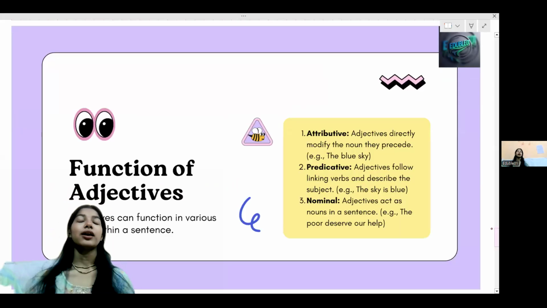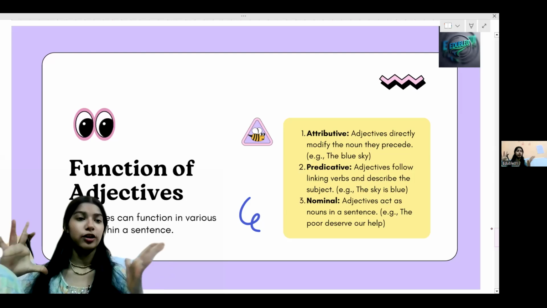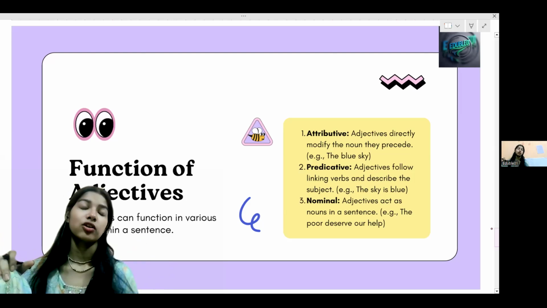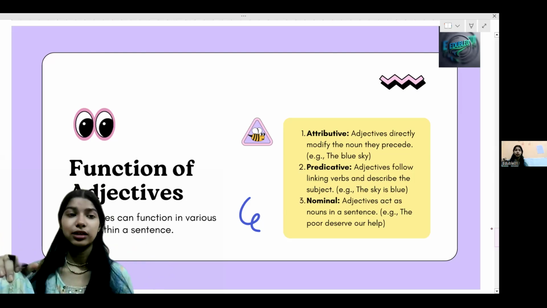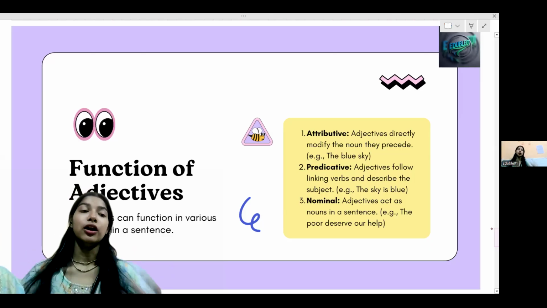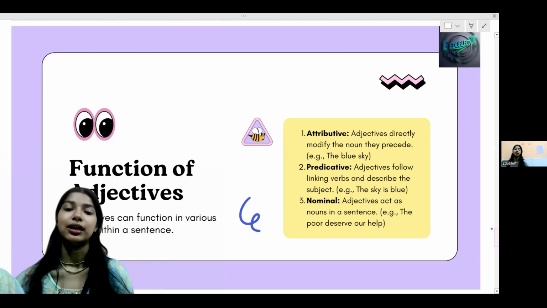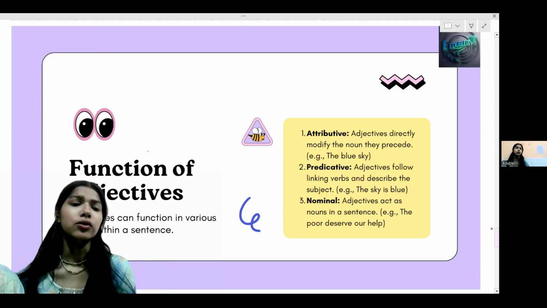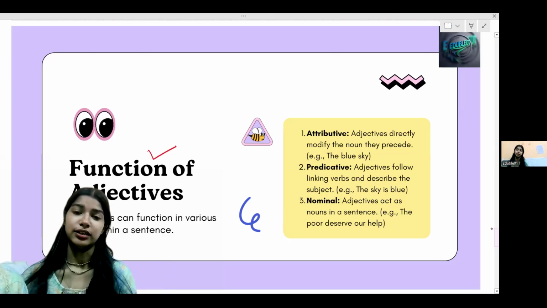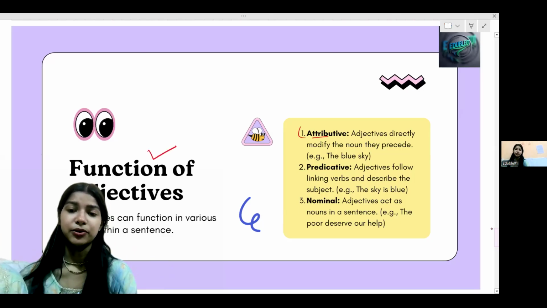Now let's learn a little more. Till now we have finished all the types of adjectives. That was 6 types of adjectives we have learned. I hope all the types are crystal clear to all of you because we have done a lot of examples and a lot of words. Now, let's learn the function of adjectives. First is attribute.